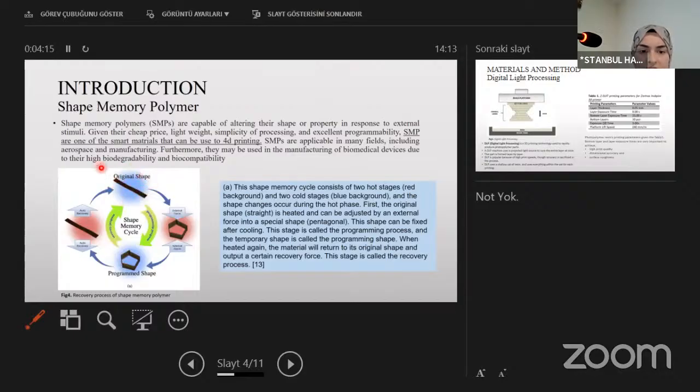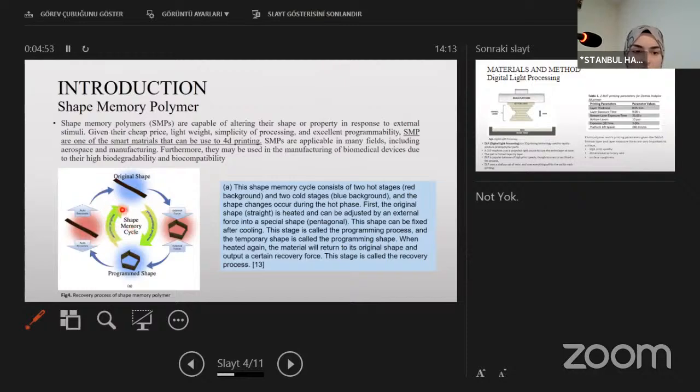Firstly, the original straight shape is heated above the glass transition temperature, and then this shape is forced into a special shape, pentagonal. This shape can be fixed after cooling, and this stage is called the programming process, and the temporary shape is called the programmed shape. When this programmed shape is heated again above the glass transition temperature, it will return to its original shape.